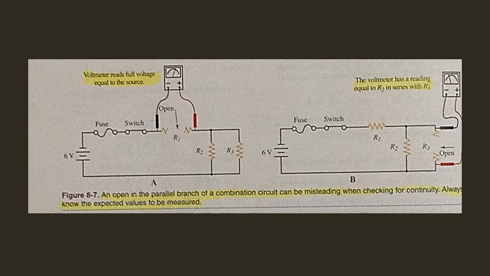See part B. If R2 or R3 is open, there will still be a complete path for current through the other parallel resistor. To determine if the resistors are open or shorted, the expected voltage drop value must be calculated and compared to the actual voltage drop reading.